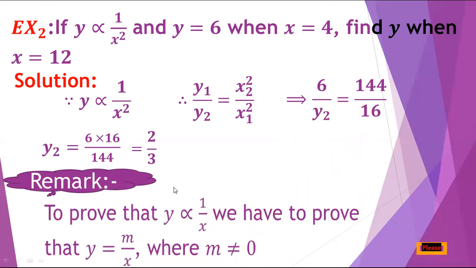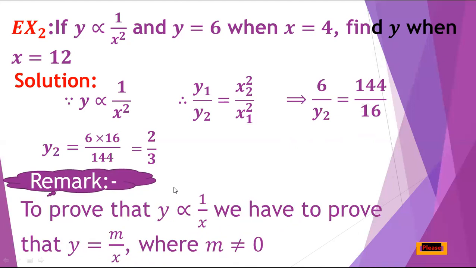Remark: as we took in direct, how can we prove that y varies directly with x? By the same way, how to prove y varies inversely with x? We have to prove that y equals a constant divided by x. In the direct, y equals mx, m times x, where m is the constant.